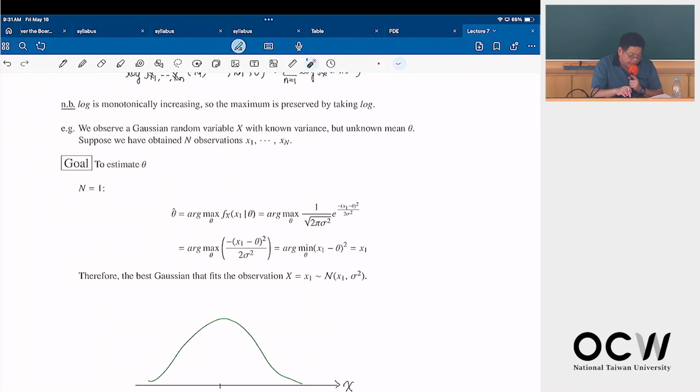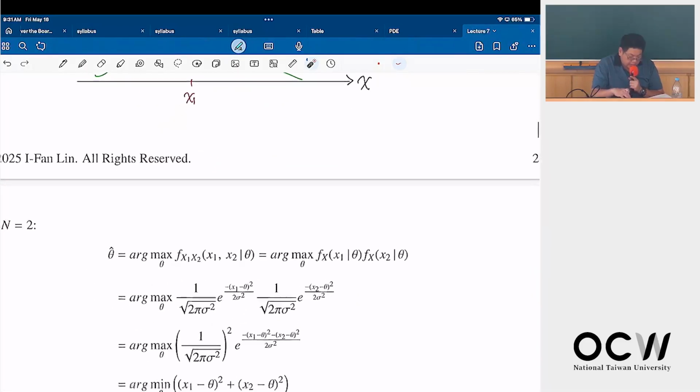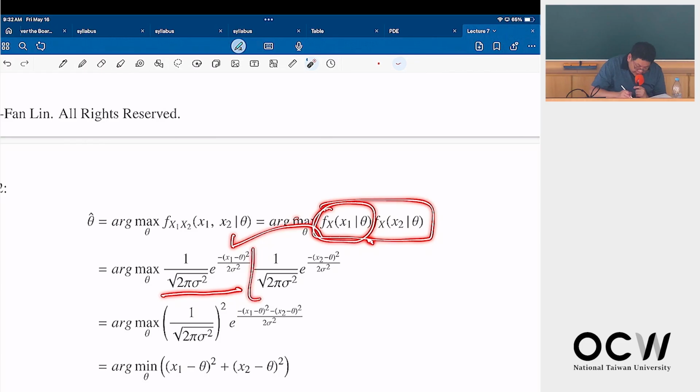If I have two observations, x1 and x2, I need to maximize this multiplication because they are IID. The first PDF and the second Gaussian, I can combine these two.